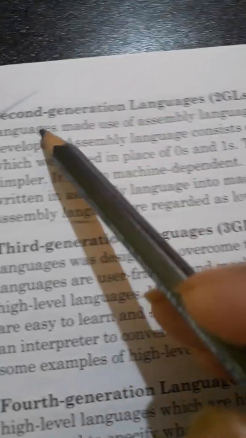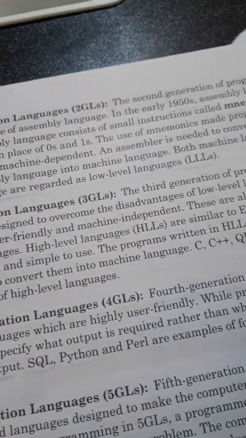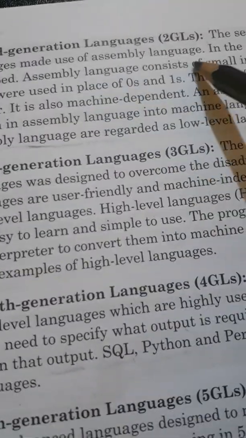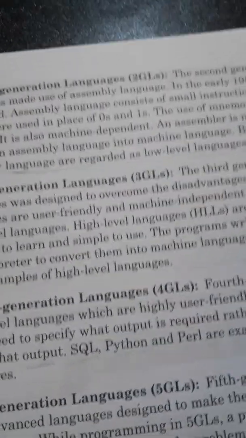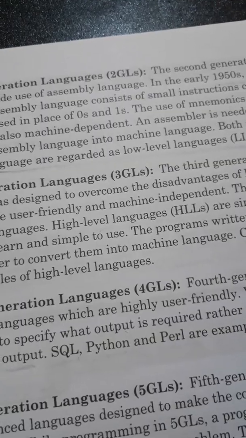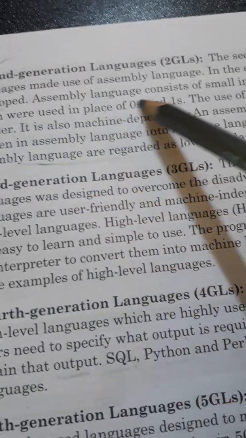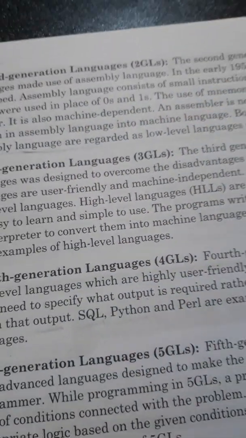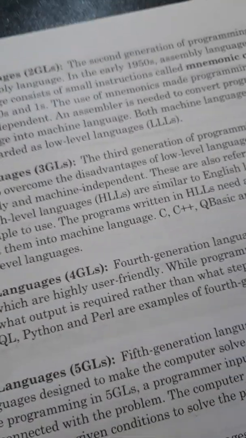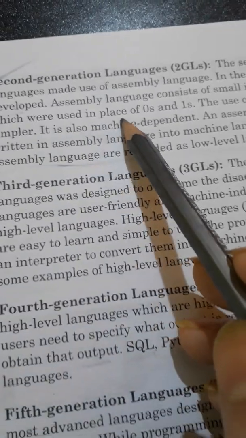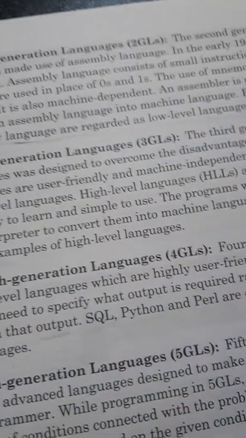Now come to the second generation languages. Second generation language is the assembly language, developed in the early 1950s. An assembly language consists of small instructions called mnemonic codes, which are used in place of zeros and ones.